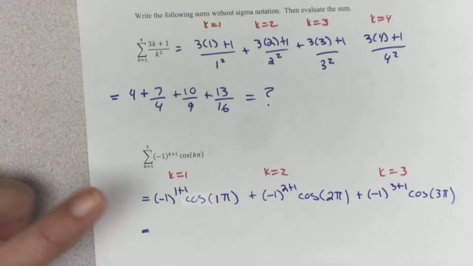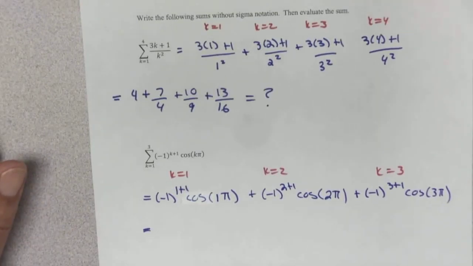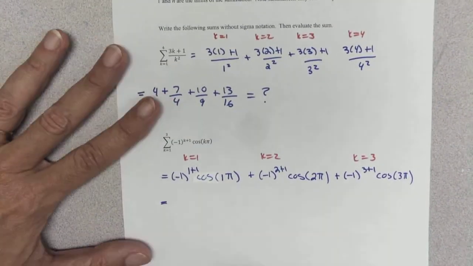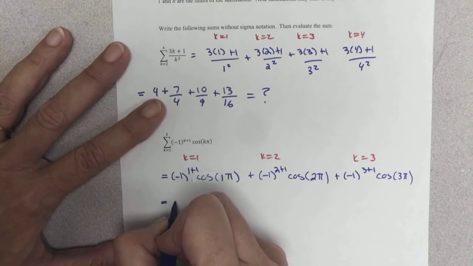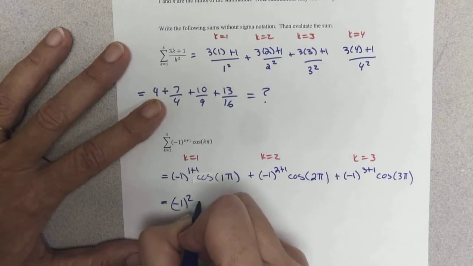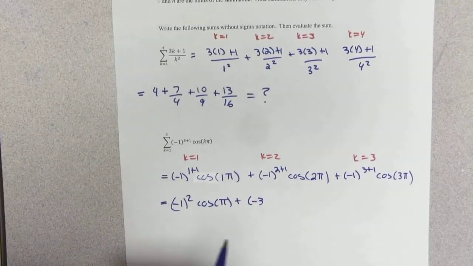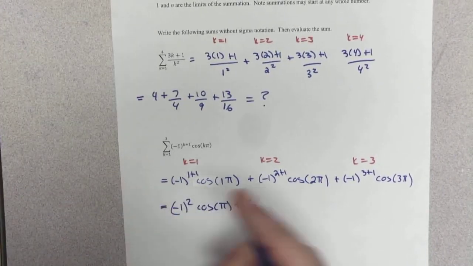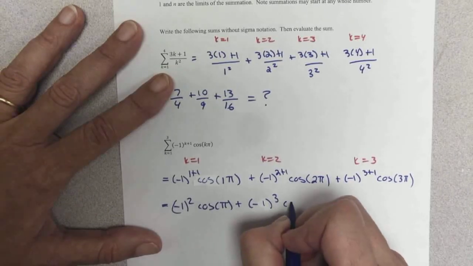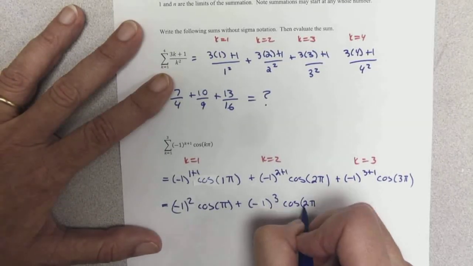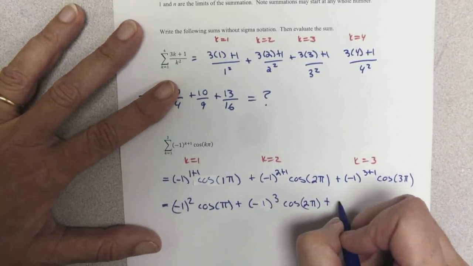So, showing every detail here, and I can zoom out just a little bit. What that's going to be is negative 1 squared cosine of pi plus negative 1 cubed cosine 2 pi. And I'm showing every step I can show here.